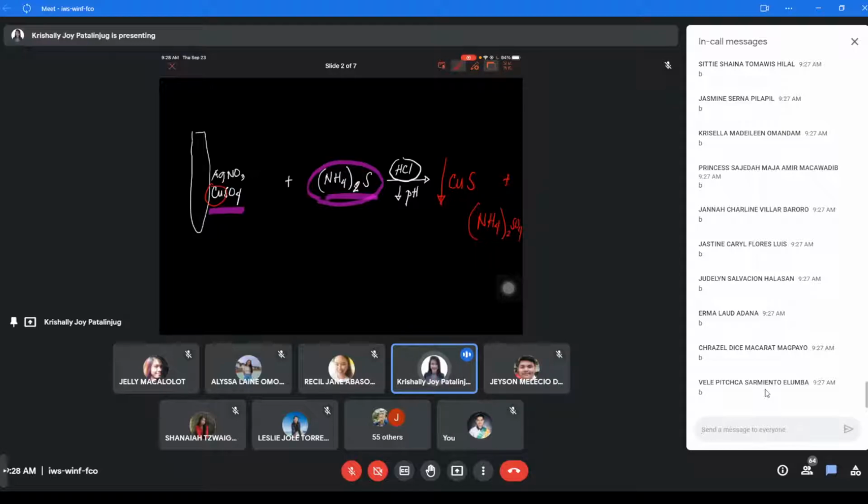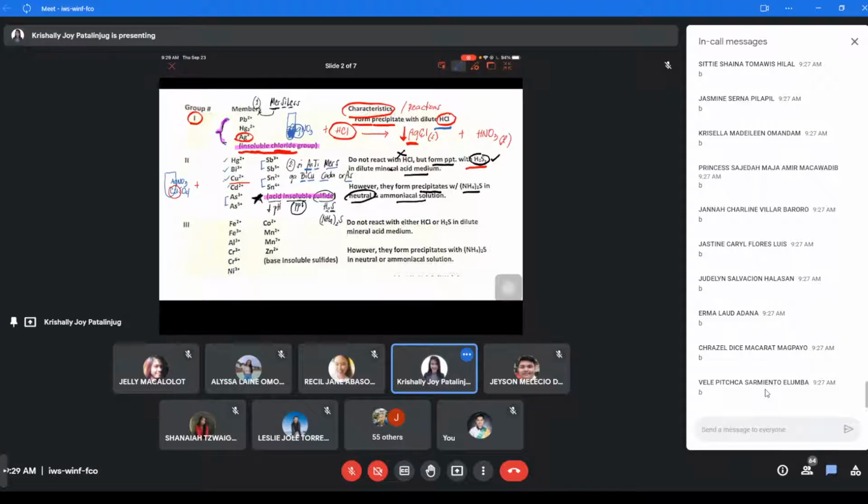The copper cation takes the sulfide anion, and the ammonium cation takes the sulfate anion. That's the concept of double displacement: the cations and anions swap places.